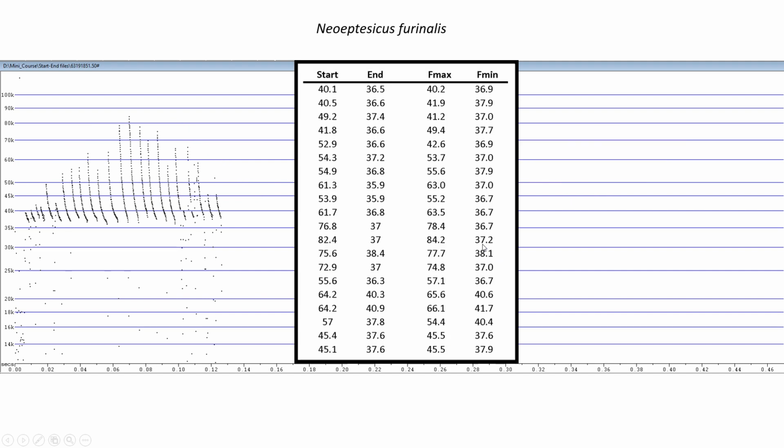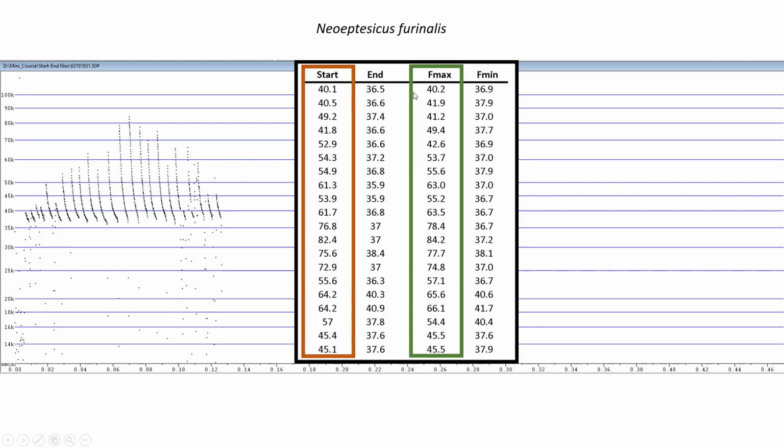So, from the origin of the concept of start and end frequency, if we look at start and end and F max, they're fairly close. There are some differences, which has to do with the vagaries perhaps of where on a sonogram or oscilloscope the person had their cursor, like I have up here.